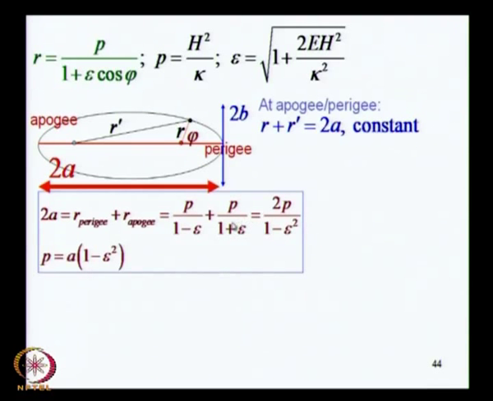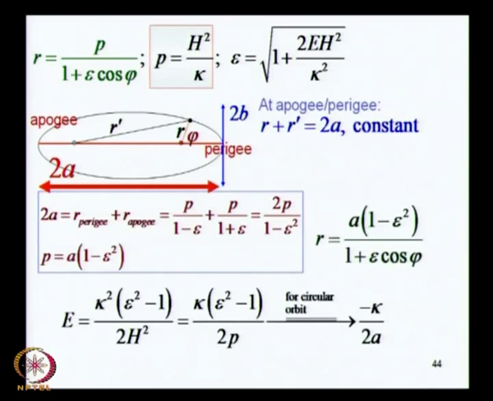And this allows us to write the numerator p in terms of the eccentricity and half the major axis. So, this is a familiar form in which you write the orbit equation. And for a degenerate ellipse, eccentricity is 0. So, this will be minus kappa over 2a.